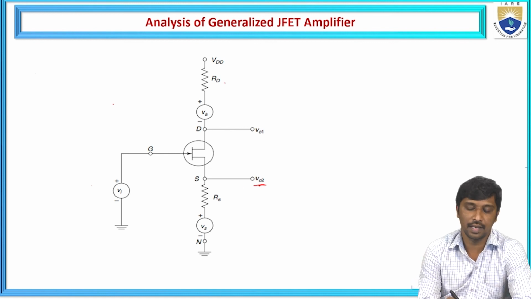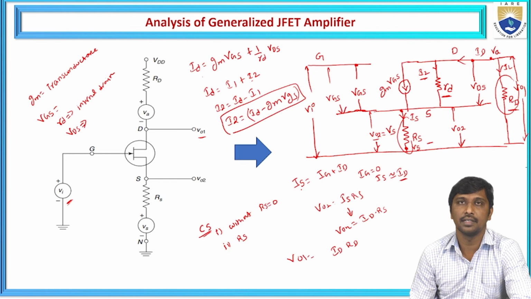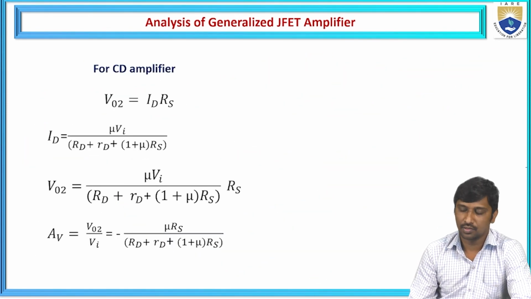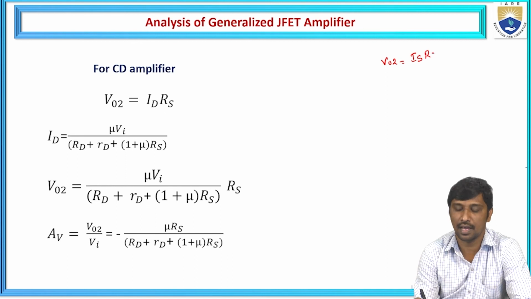For this common drain, we again need to assume the capital RD is 0. VO2 means the current flowing across the source resistance, IS, along with RS.